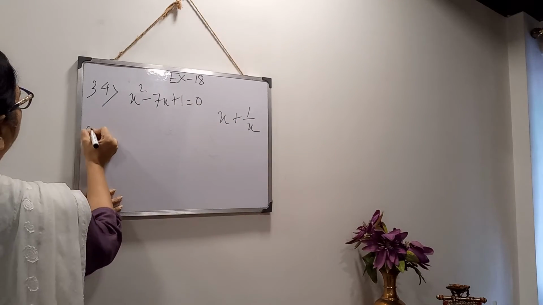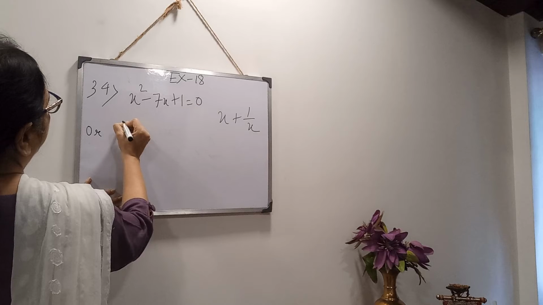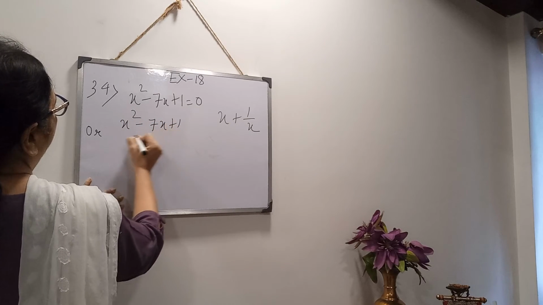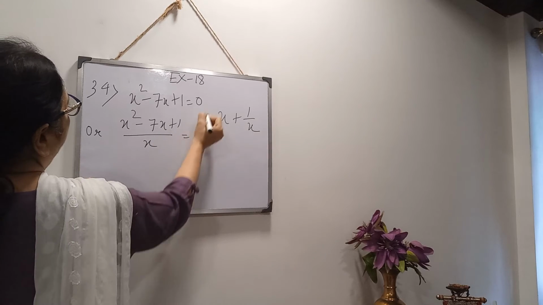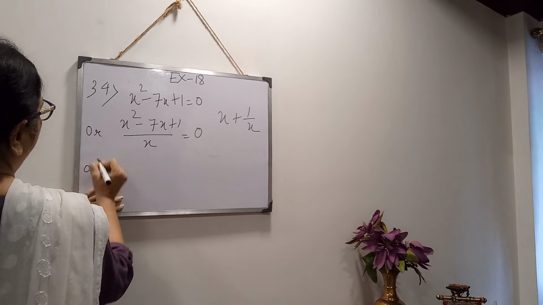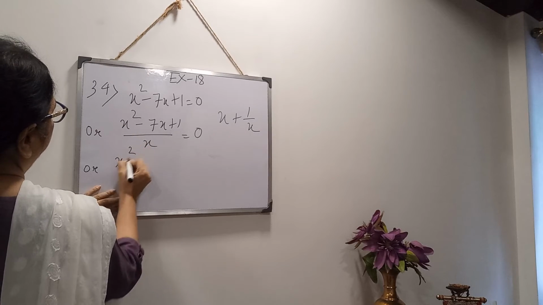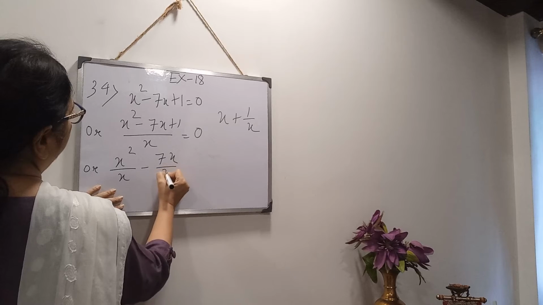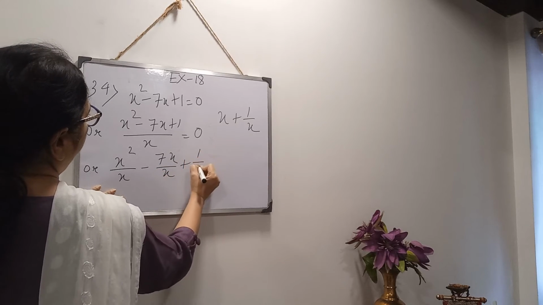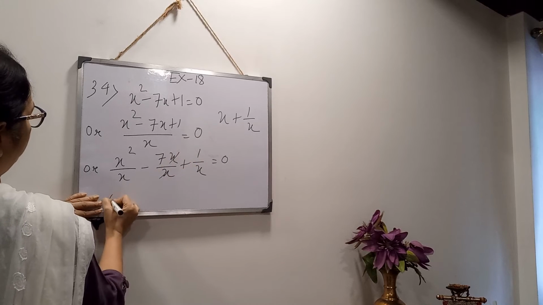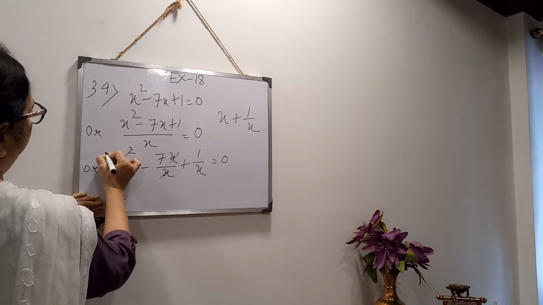I am dividing both sides by x. Then let's see what I am getting. And 0 by x means 0. Clear? Then separate: x square by x minus 7x by x plus 1 by x equals 0. Now this and this are cancelled out. Here we are getting x.